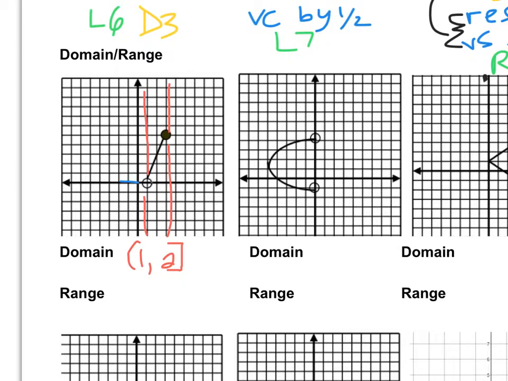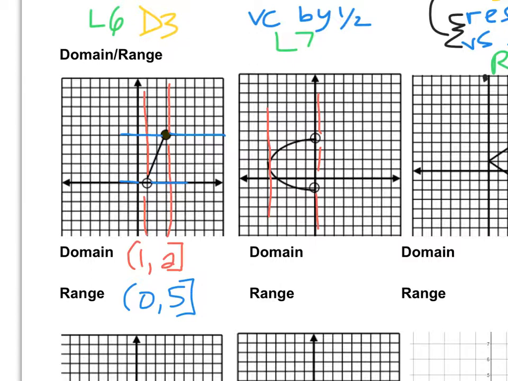Range goes from low to high. So my y value at the low part is 0, and it goes up to a y value of 5. It starts at an open circle, so it starts with parentheses, and ends with a filled in circle, so you need a straight bracket.